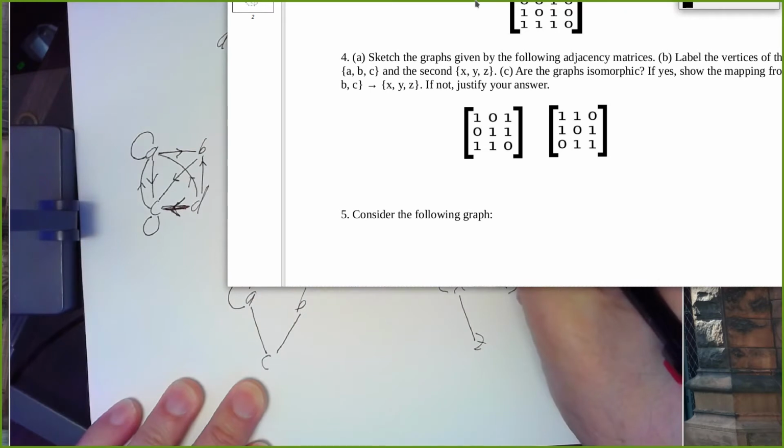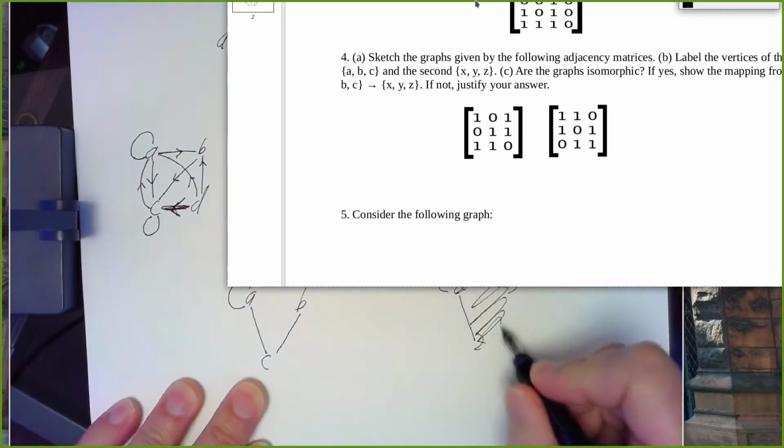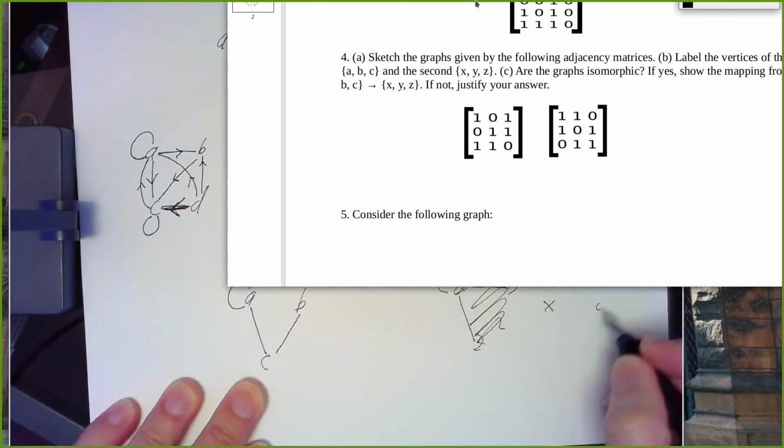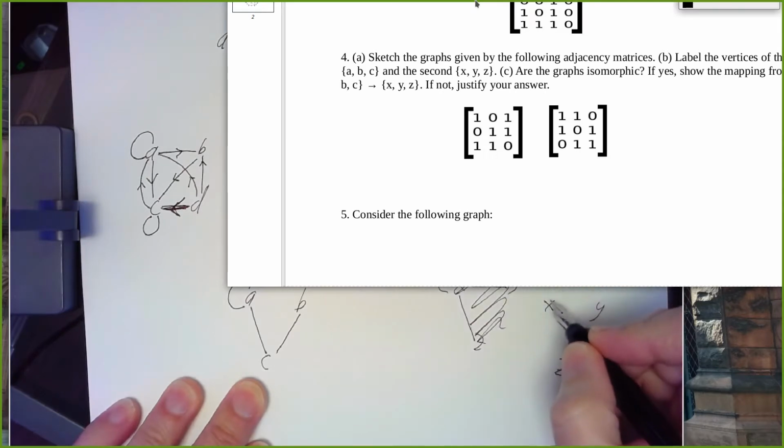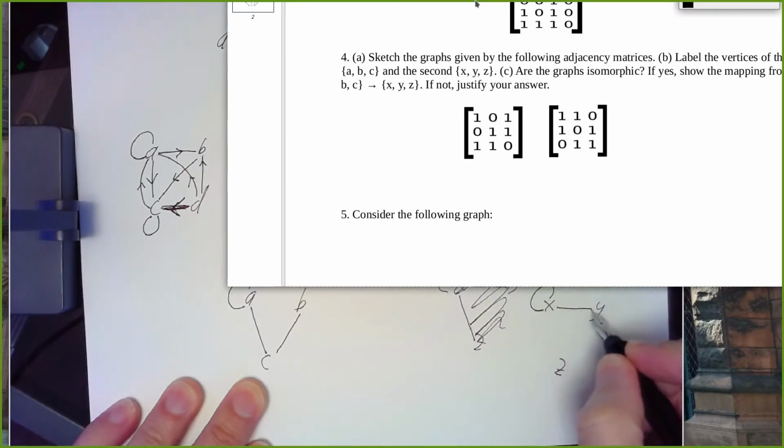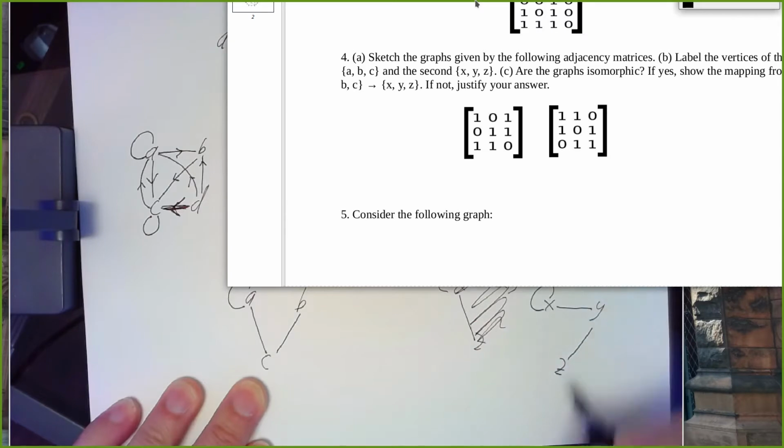That's a 0. So we have a loop at X and a connection to Y, and Y has a connection to Z.